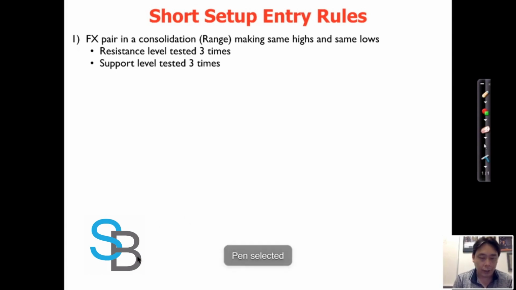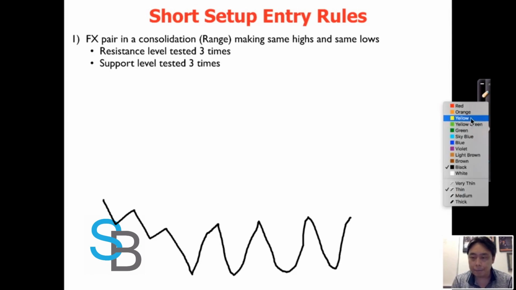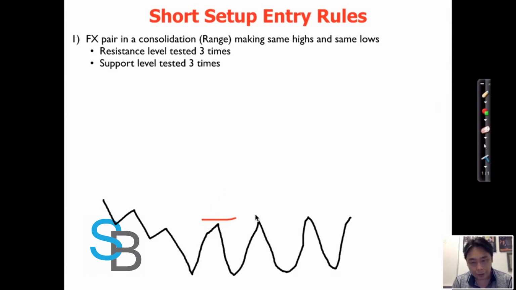Again, we want to see the price was normally in a downtrend first, and then it gets stuck in this particular range. Something like that. Okay, so we want to see a clear level of resistance.